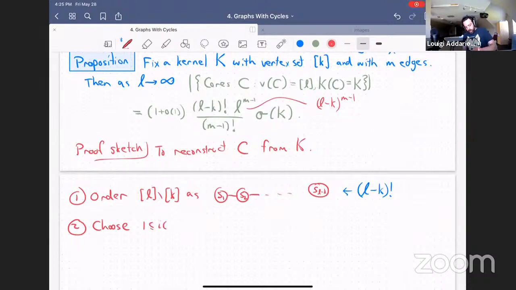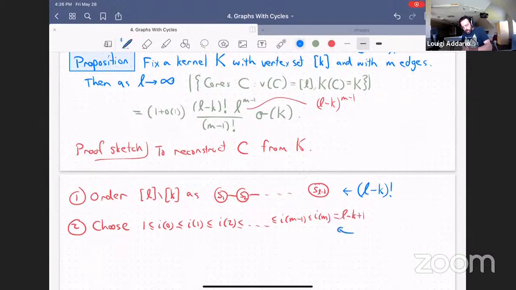So I'll call those I0 less than I1 less than I2, and so on. The pieces, remember, so I'm trying to split this into m paths, but those paths can be empty. In our reconstruction, we did allow for the possibility of empty paths. So I_1 up to I_{m minus 1} are at most I_m. We'll start at 1 and end at L minus k plus 1.